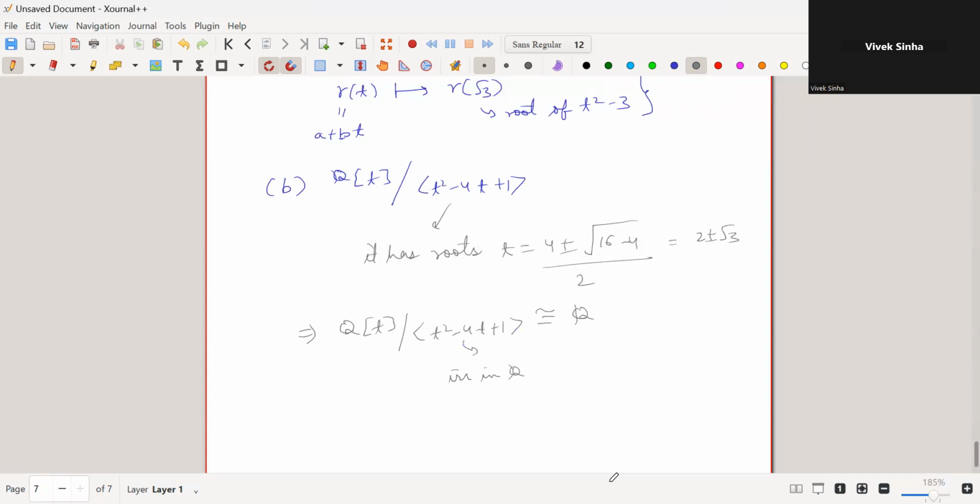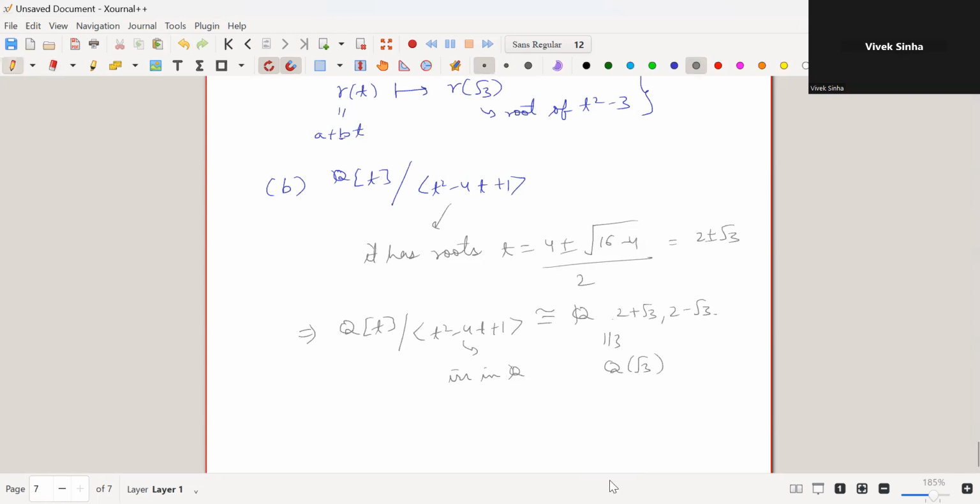So 2 plus minus root 3 adjoined: 2 plus root 3 and 2 minus root 3, and 2 is already there. So this will be same as Q(root 3). Okay. So the first two are correct.